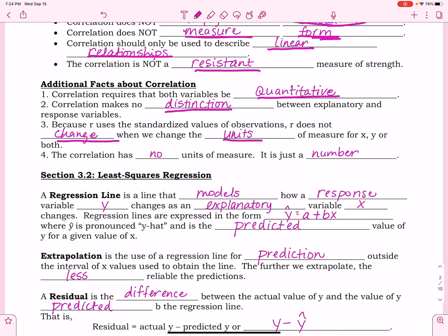The correlation will not be affected at all. It will be exactly the same. And the correlation also has no units of measure. So we're never going to say r is equal to negative 0.758 centimeters. We don't ever say that. So no units of measure for correlation. It's just a number.